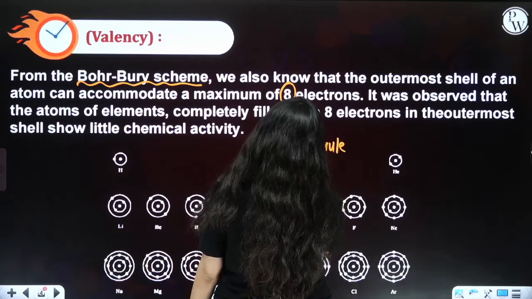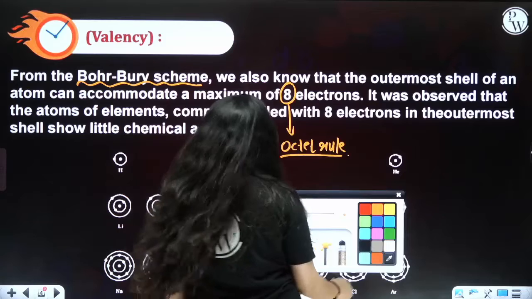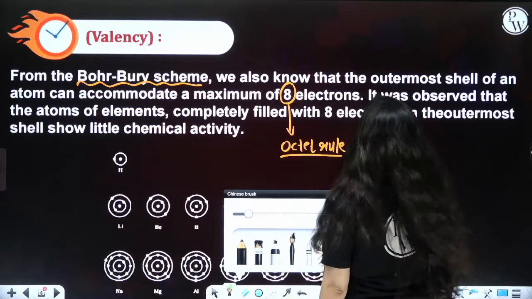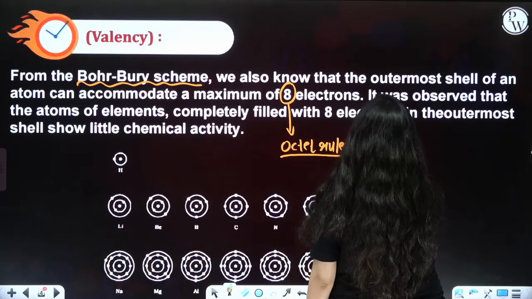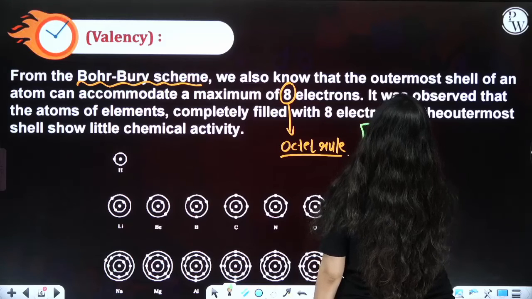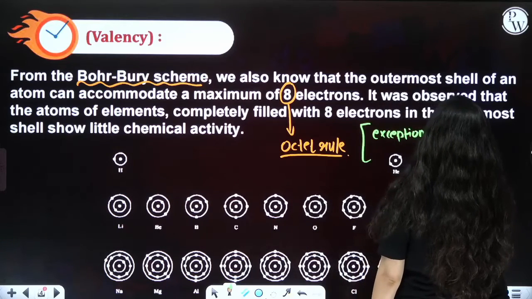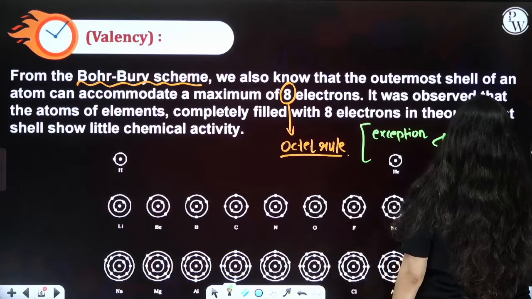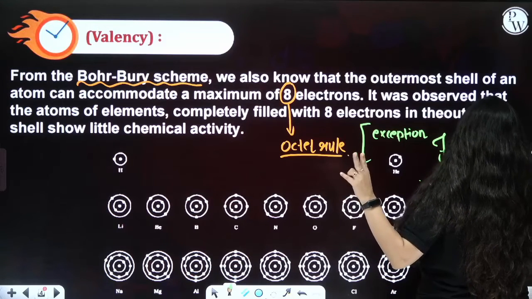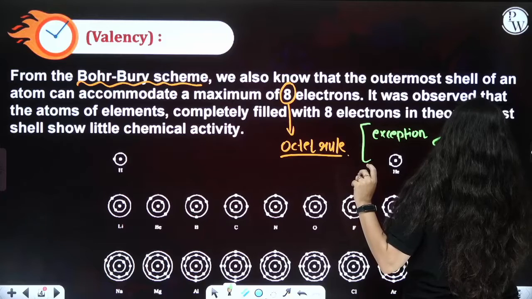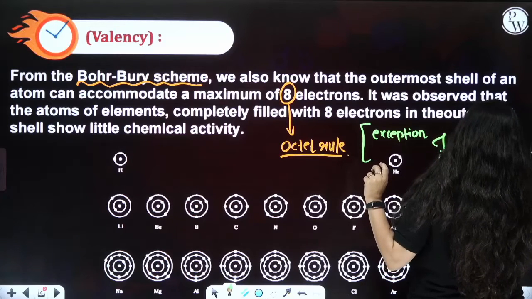But for the first orbit, we have an exception. What is the exception? It can accommodate only 2 electrons, and that rule is the duplet rule.